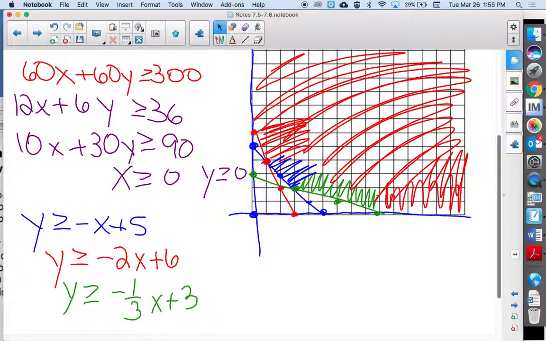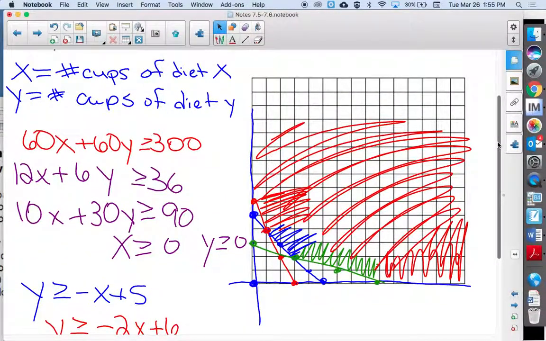Questions? So your homework, if you flip 2 pages and look at page 29, there are word problems on page 29 and 30, 7 of them. You're not graphing those though, so you don't have to go through the graph. Your goal is to just come up with the inequalities and define the variables.